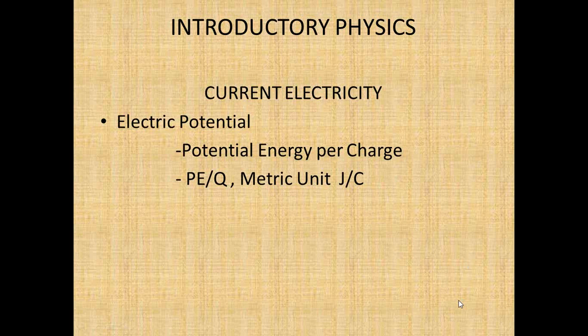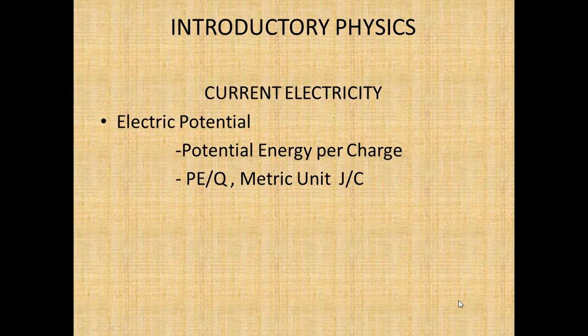Good day. So we're going to start current electricity. We just completed static electricity, and that sort of gave you the background knowledge for understanding current electricity. In static electricity, you didn't have flow of electric current.